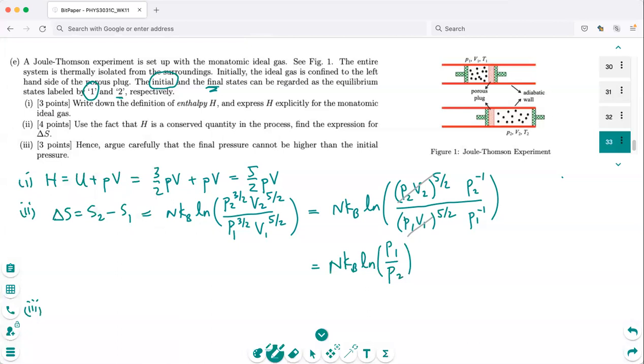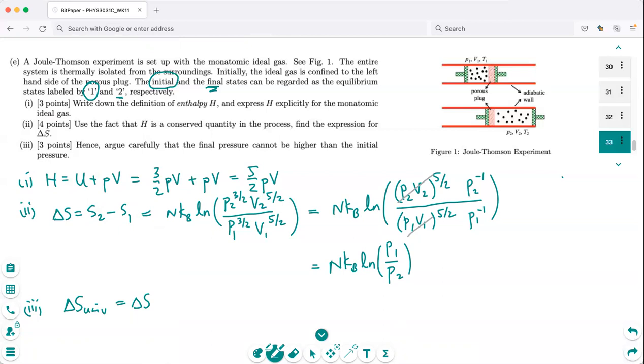Okay, so now the system is thermally isolated from the environment, so the change of the entropy for the universe is the same as this delta S we just calculated. There are different ways to argue about this.